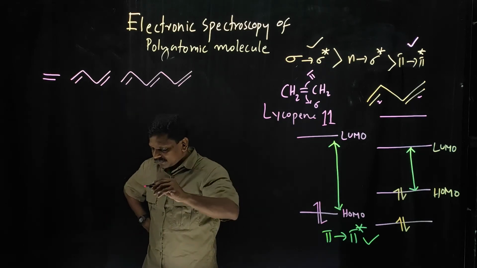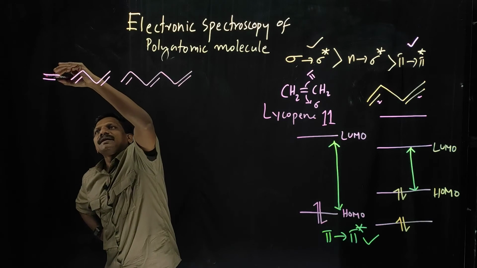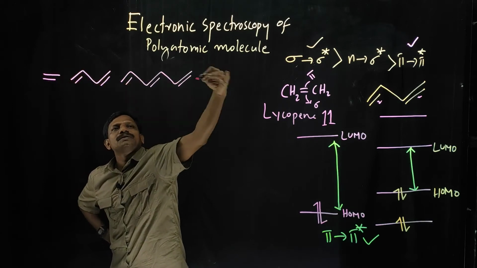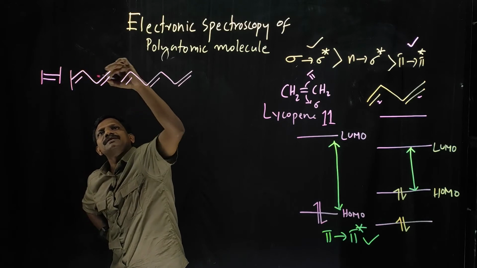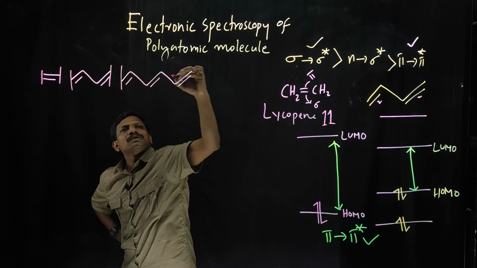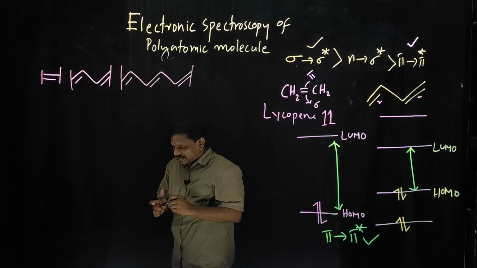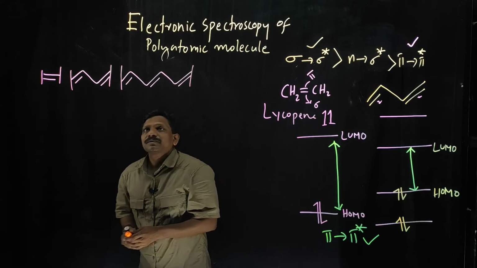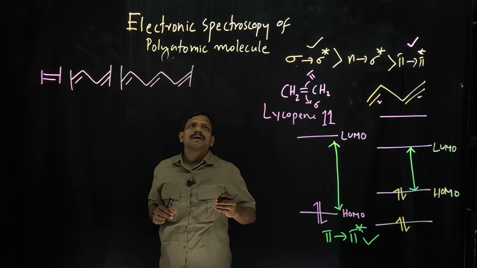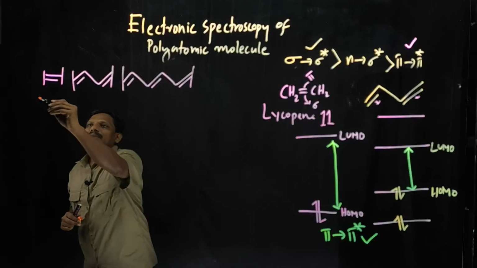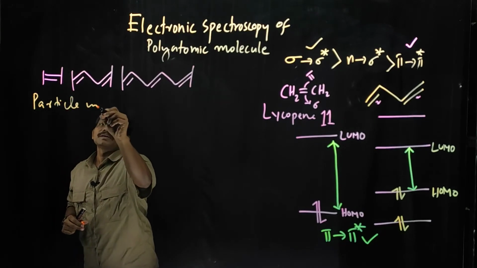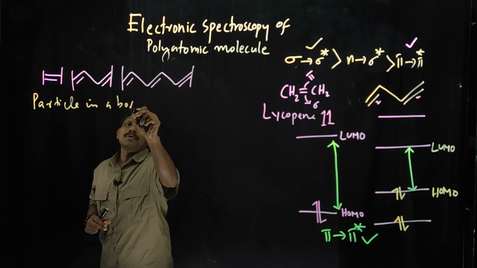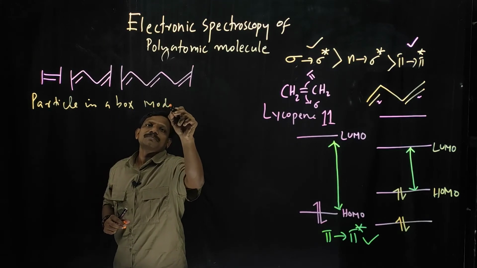In the case of these linear conjugated systems, you can consider them as a box. This is actually the model known as the particle in a box model.